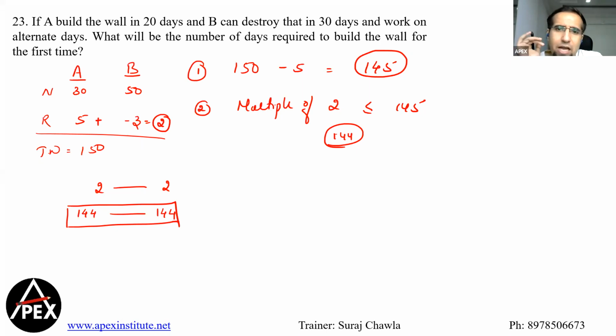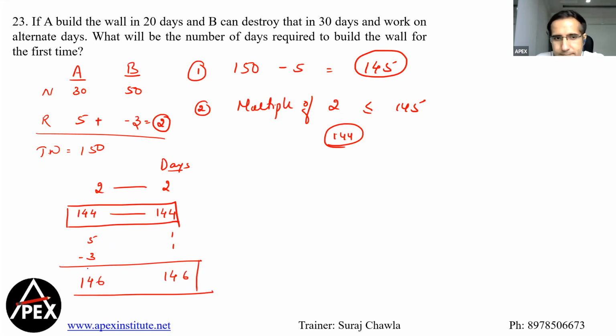After this day A always comes. On the 145th day he will do 5 units and he will go. 149 done. Next day B comes, B does -3, which means can I say 146 days, 146 units are over? Clear?